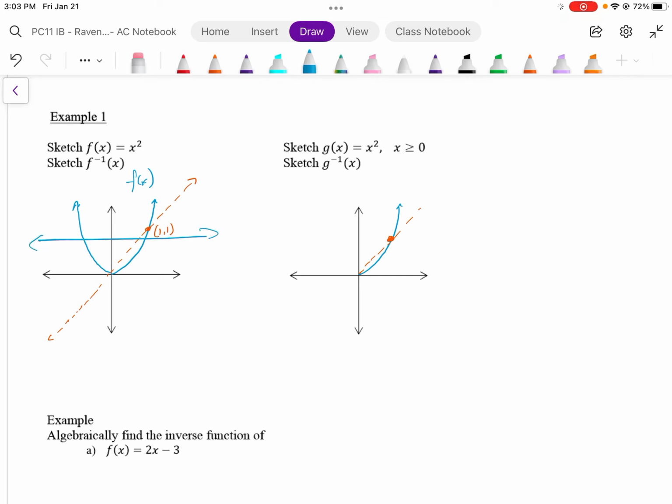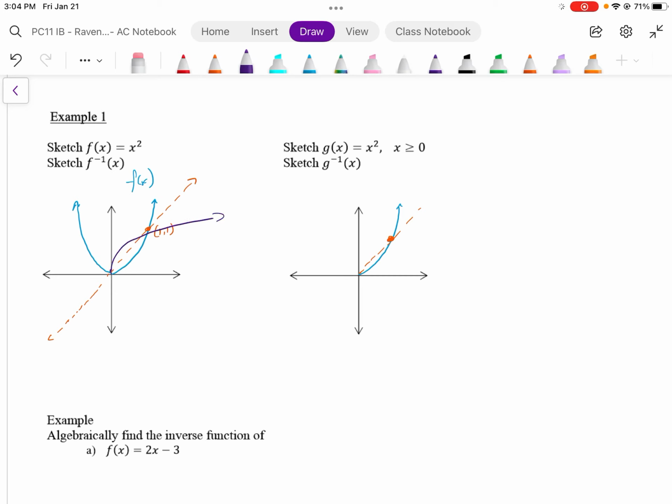That is, there are two x values for a given y value. So that's not a one-to-one function, and therefore when we draw its inverse, it will not be an inverse function. So now I'm just going to draw the inverse of this.